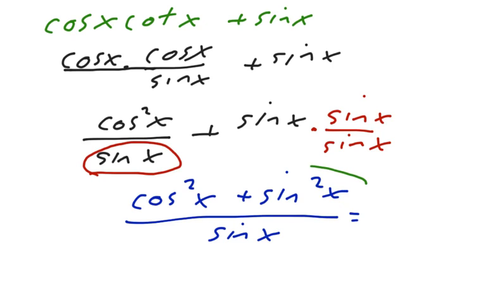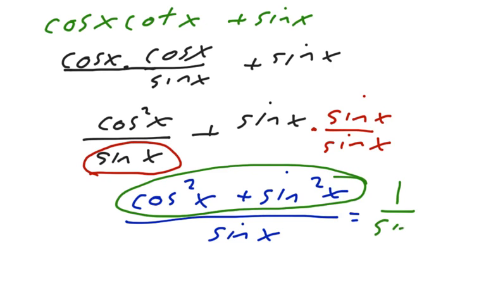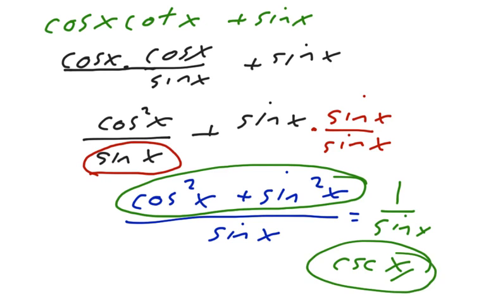So the cosine squared plus the sine squared, that's one of our Pythagorean identities, and so we wind up with 1 over sine of x. The reciprocal of sine is the cosecant of x. That's our answer.